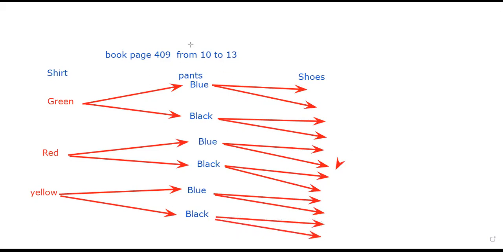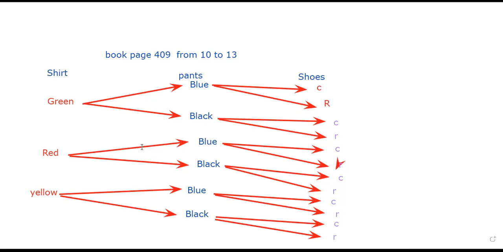We can write the first letter only for each one. So we have C or R, which is red, and we will repeat the same for each one: C or red, C or red, C or red, C or red.